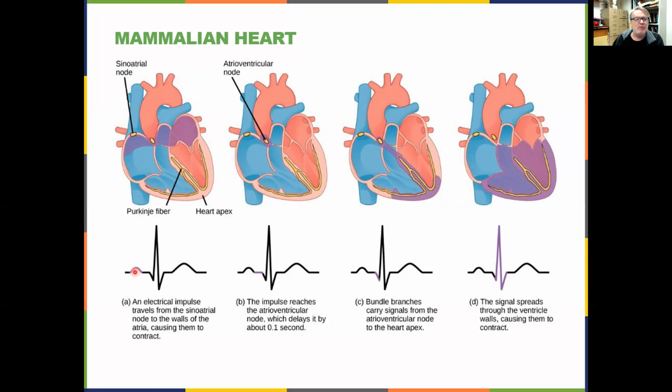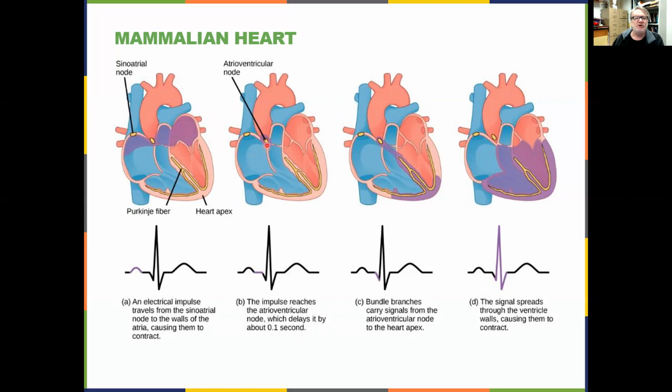It's in this purple color here, where the electrical signal starts in the sinoatrial node. That signal then spreads to both atria through conductive tissue, and so both atria contract together.